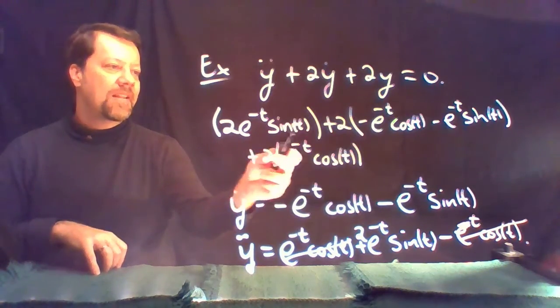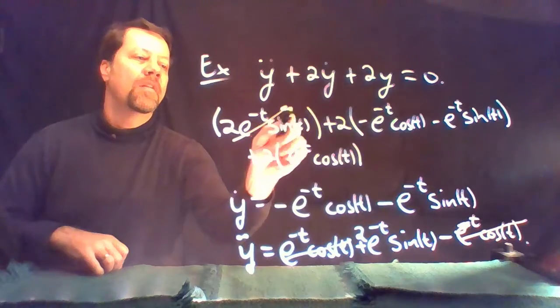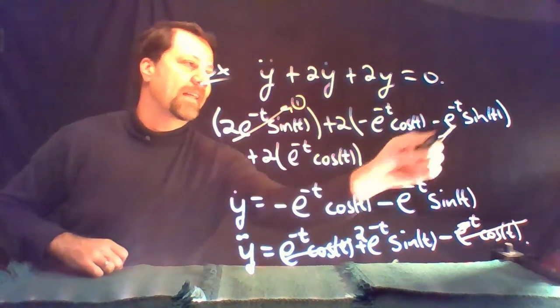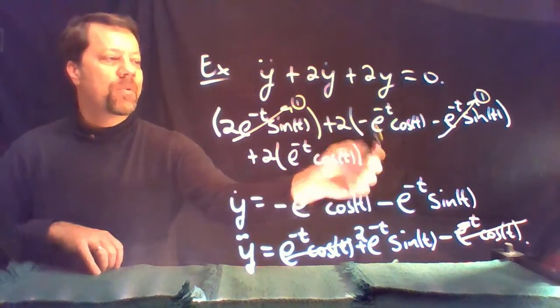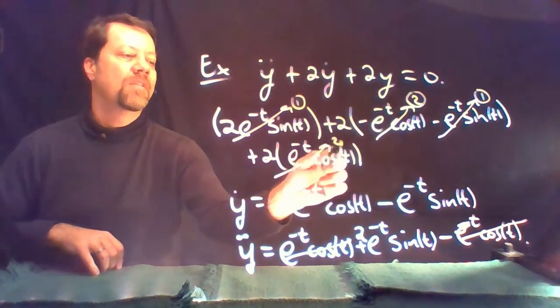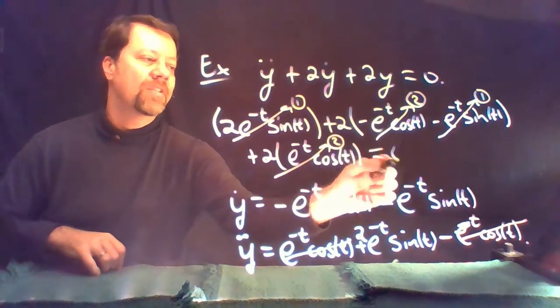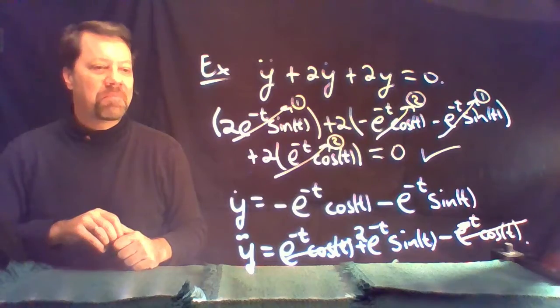Here you can see that when we distribute this 2, this term will exactly cancel this term. And when we distribute here, this term will exactly cancel this term, giving us a grand total of 0, and that completes the proof of the claim.